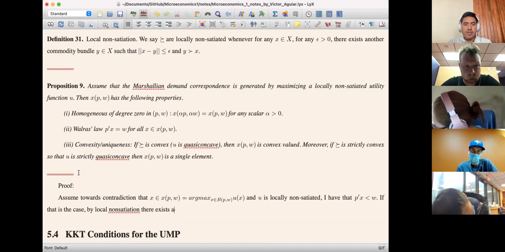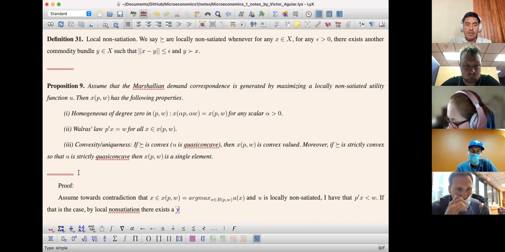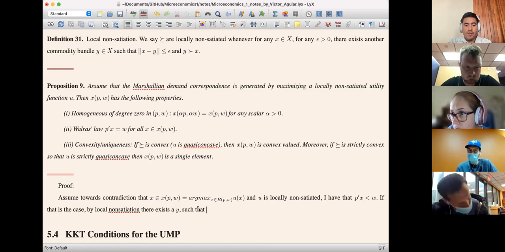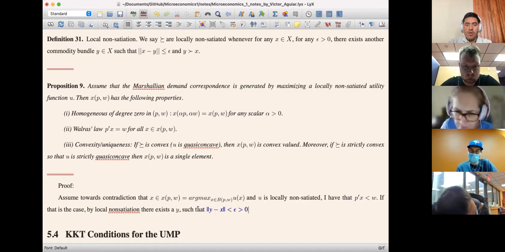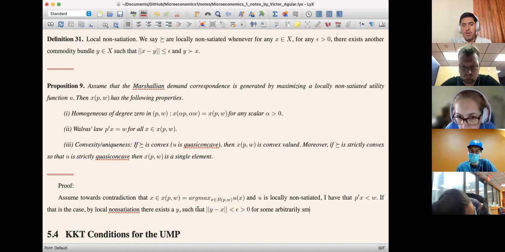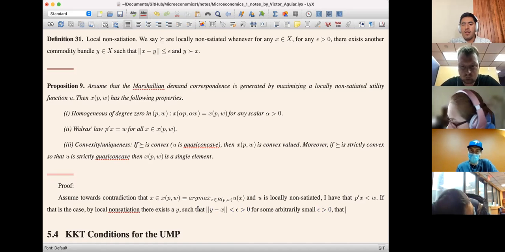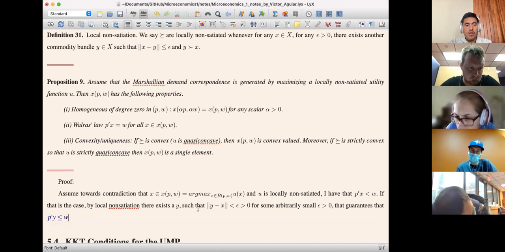there exists a Y such that Y is close enough to X, for some arbitrarily small epsilon, that guarantees that P times Y is also inside the budget.